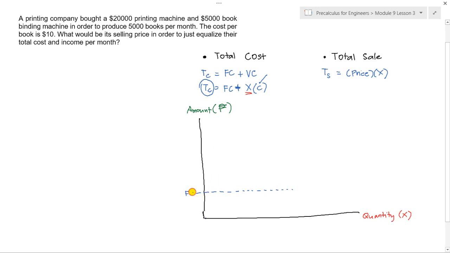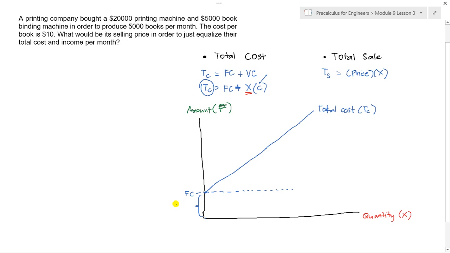The fixed cost has a value, so our total cost starts there, because total cost is the sum of the fixed cost plus the variable, which is already aligned. So this is now the graph of our total cost, that is TC.